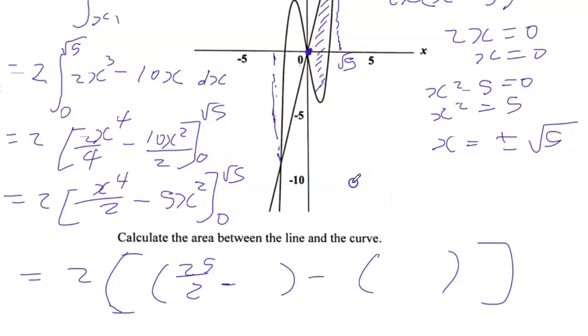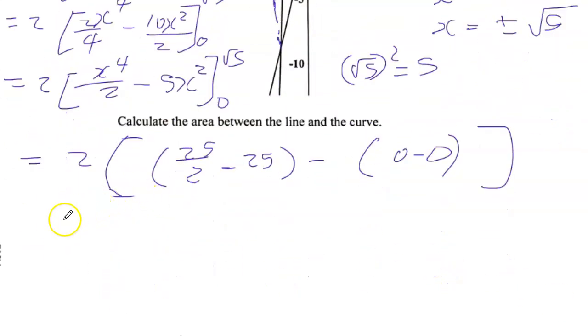Now root 5 all squared is equal to 5, so this is 5 times 5, that's 25. Minus, replace x with 0, minus 0. And of course we can distribute the 2 now. So 2 times 25 over 2, that's 25. 2 times minus 25, that's negative 50. Or we could just work it out and then multiply. It doesn't really matter. In the end I get negative 25.